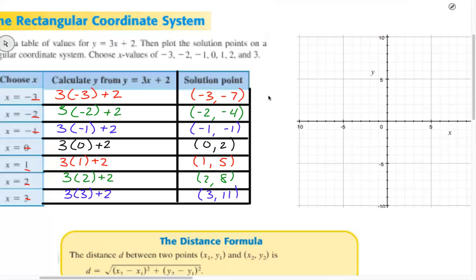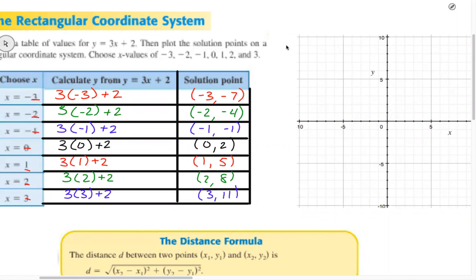He said the y's are going up by 3, which is linked to the 3 in front of the x, my slope. The y's are going by 3's.